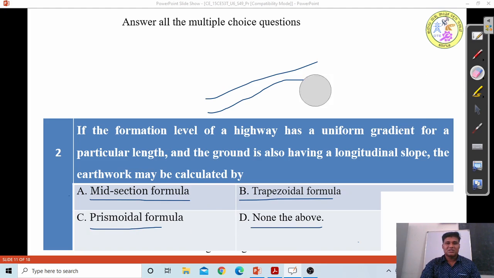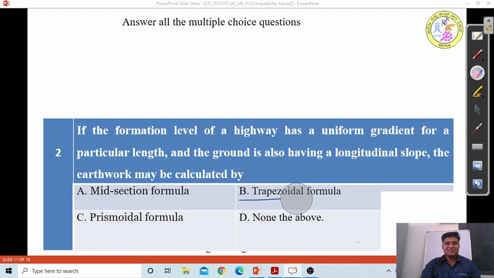Okay. So the right answer is, since both slopes are parallel, you can calculate. So this is not none of the above, this is all of the above. You can use all the methods for calculation.